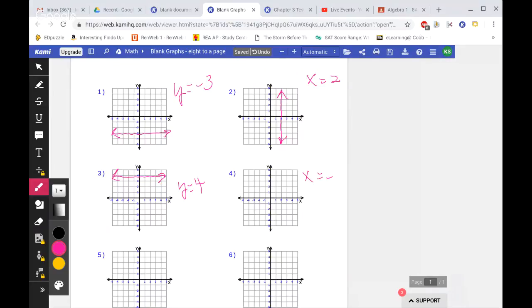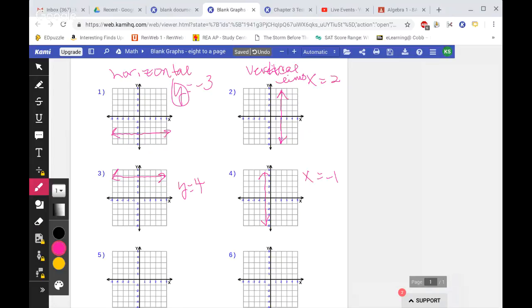X equals -1 is going to be a vertical line that runs through -1. So x equals are vertical lines. Y equals are horizontal lines.